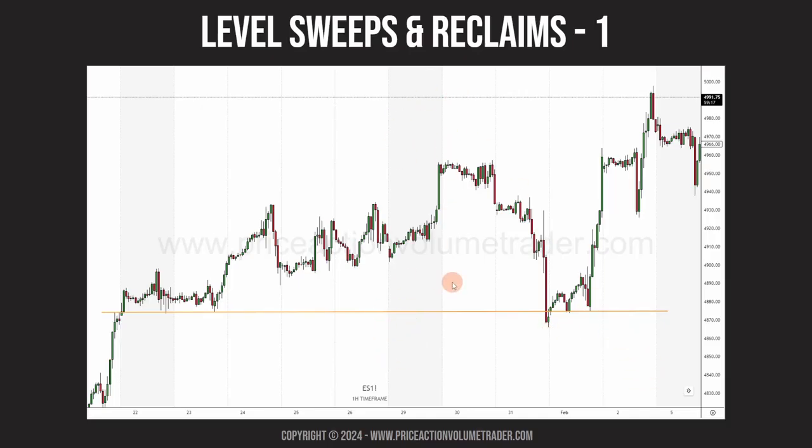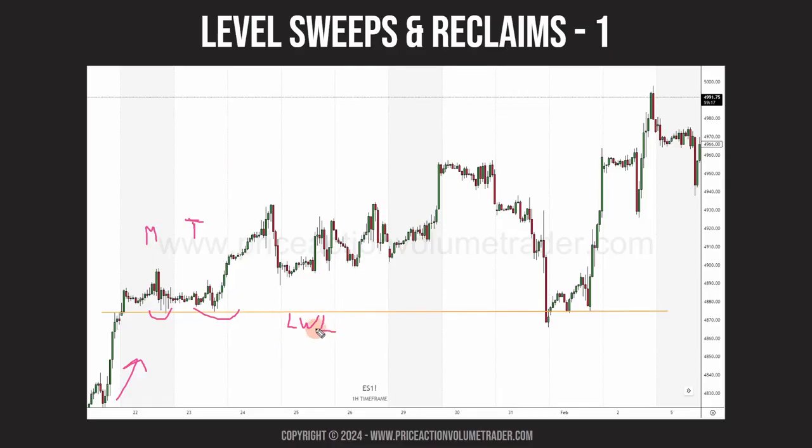Here's an example in the S&P 500 market, the 1 hour. You can see we had an impulsive move up. We started holding for 2 days. This is Monday, Tuesday. We held as support here, and over this entire week, this was the last week's low.